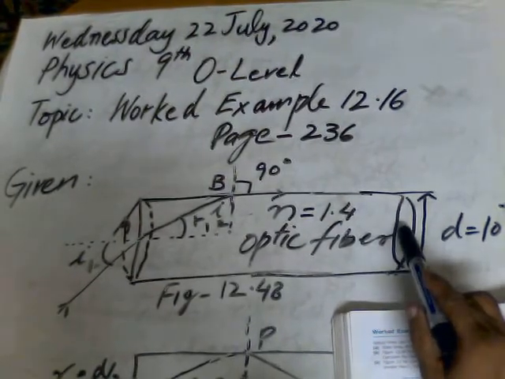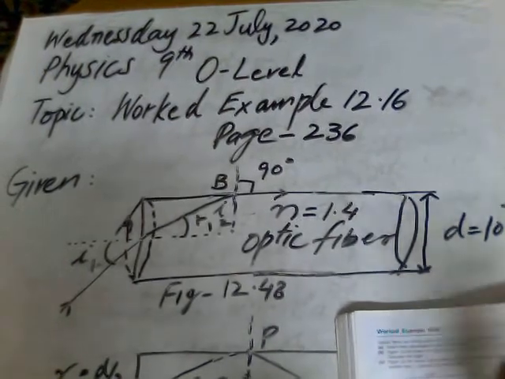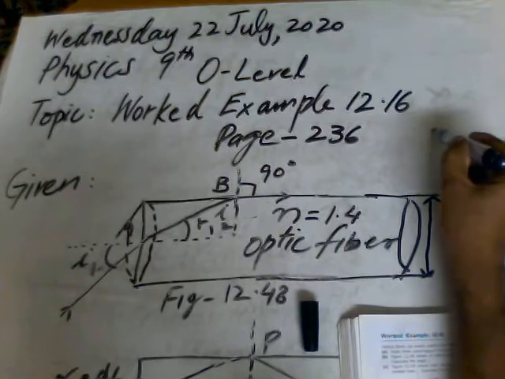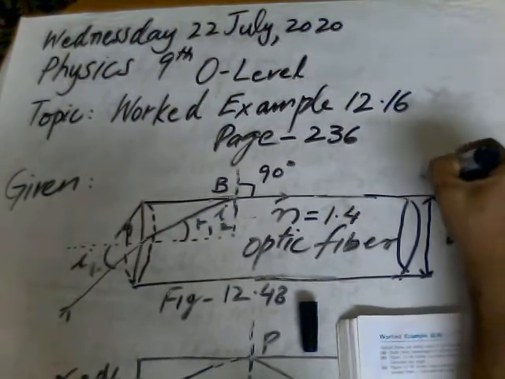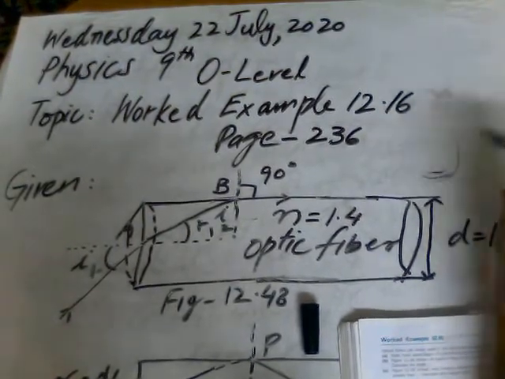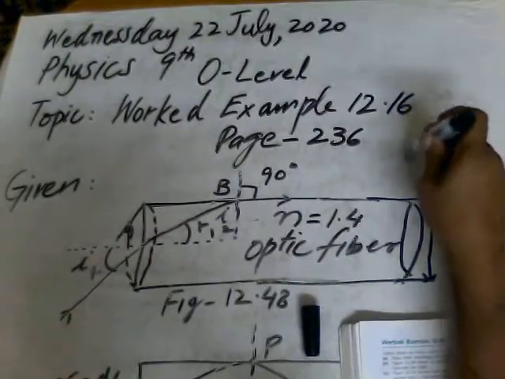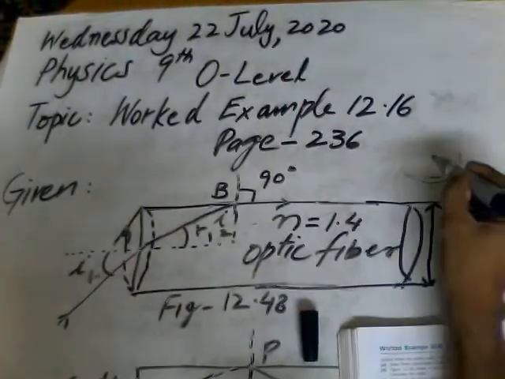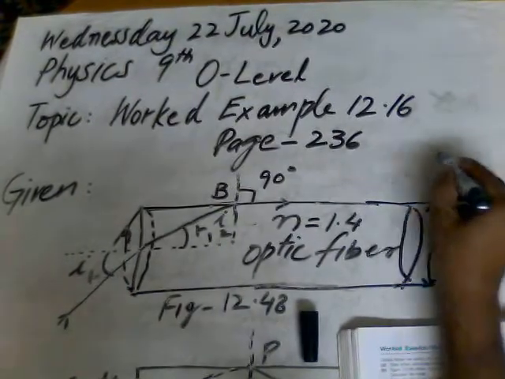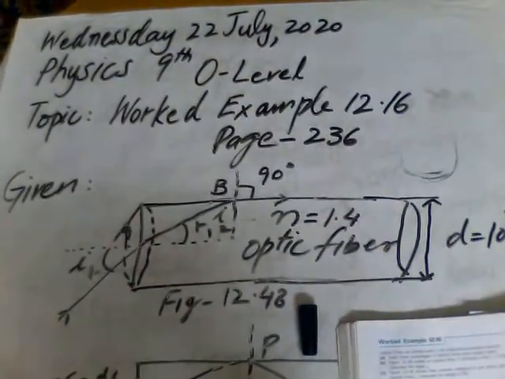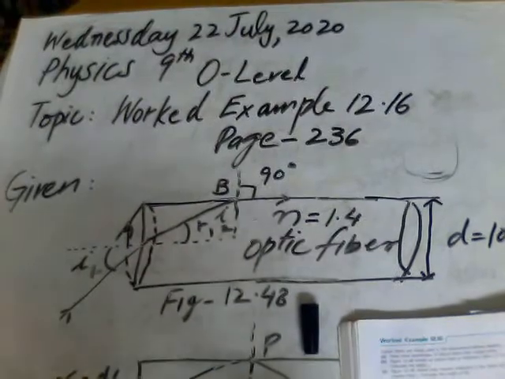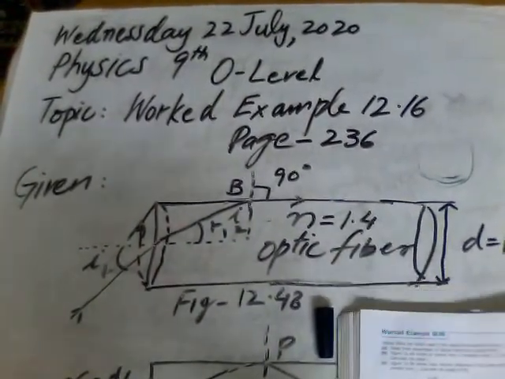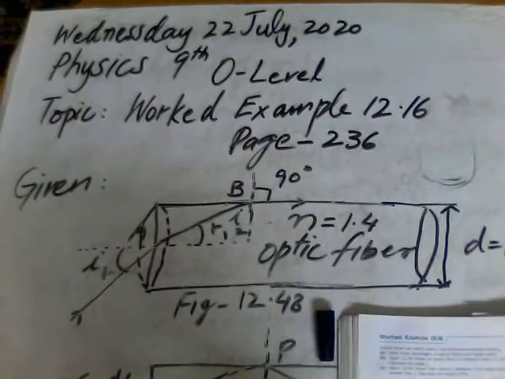Round shape, cross sectional area. Here I am going to draw the cross sectional face, and it's this diameter. This diameter is given, that is 10 to the power minus 4 meter.